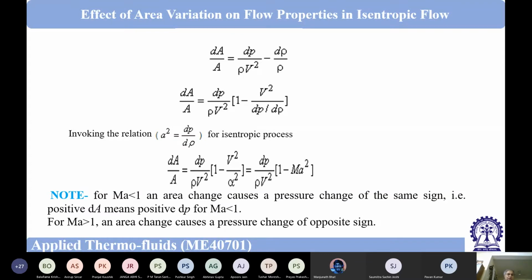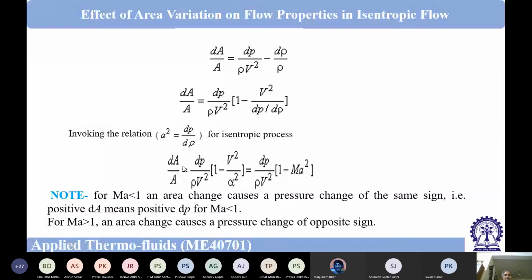Now this is very important. For Mach number less than 1, this quantity is a positive quantity. So what will be the change in dA by A? The same kind of change we will get for dP, assuming rho v square is a positive quantity. Or rather, A is also positive.